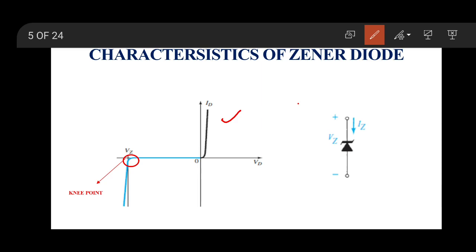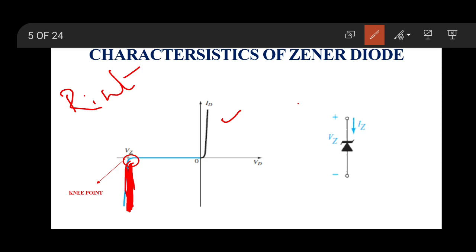That means the drooping characteristic here is due to the presence of an internal resistance of the Zener diode. That means an IR drop occurs here. That's why it does not perfectly run parallel to the I axis. This is slightly drooping. Had it been an ideal Zener diode, the characteristics would have been straight, that means parallel to the I-axis.